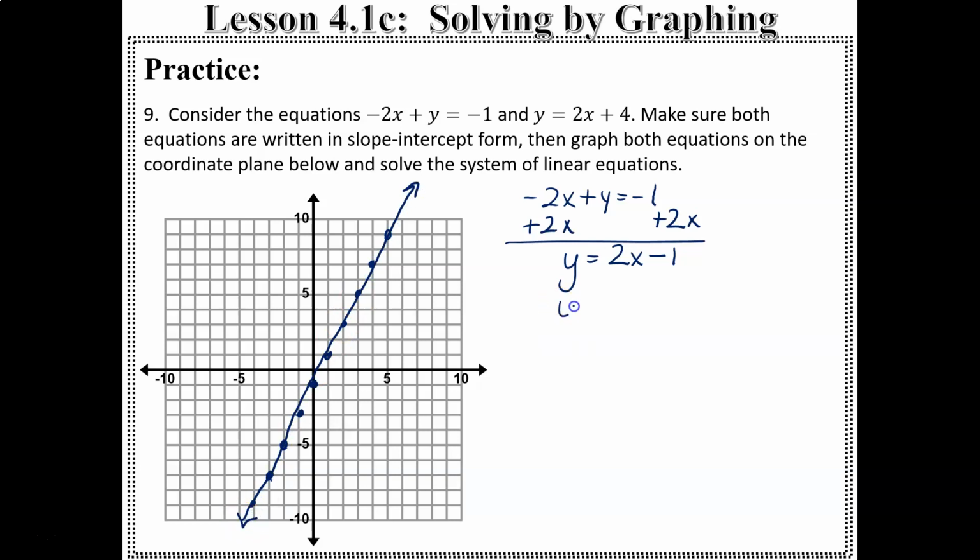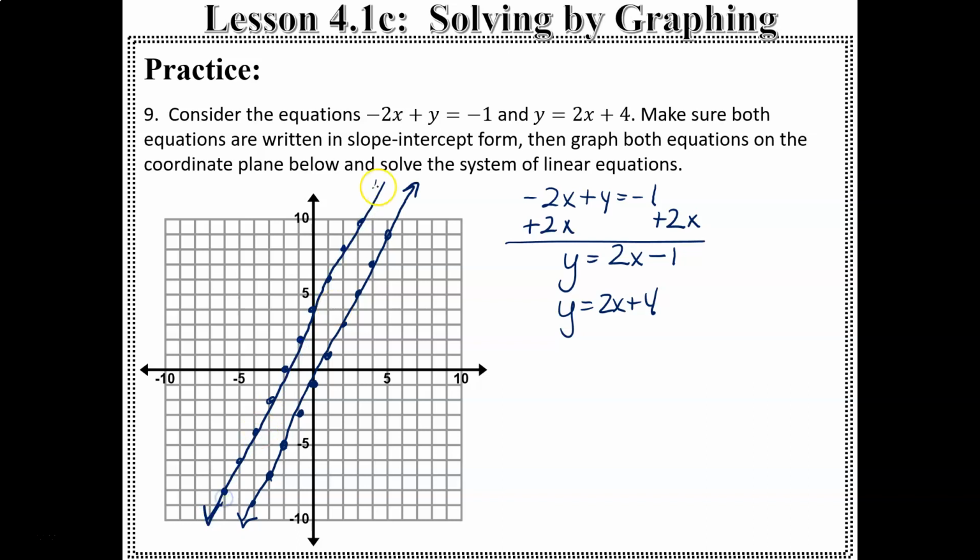All right, then this one is already in slope-intercept form for us. So I'm going to start at positive 4. My slope is positive 2 again. Same as the other one. That's weird. And what's even weirder is they're not going to touch because they have the same slope. We already talked about slopes of parallel lines in the last section.